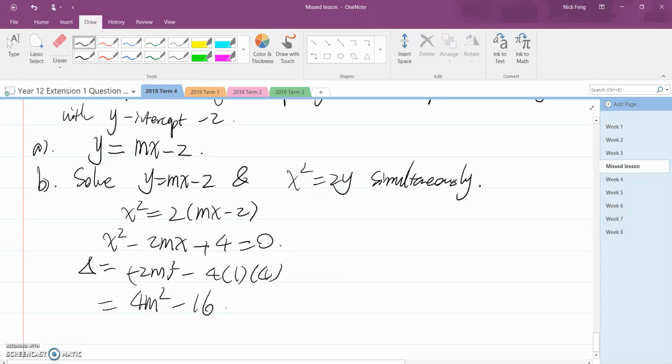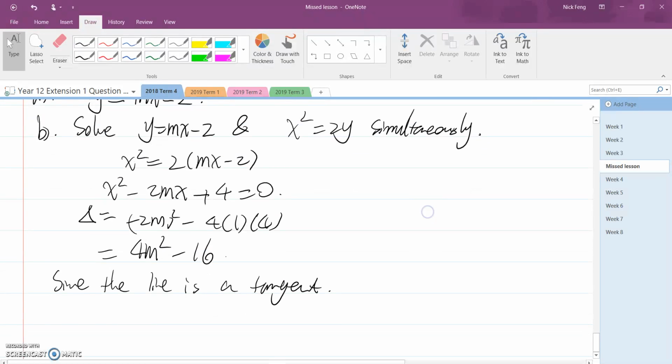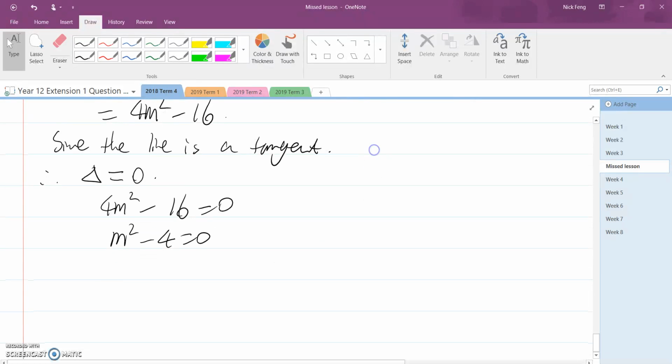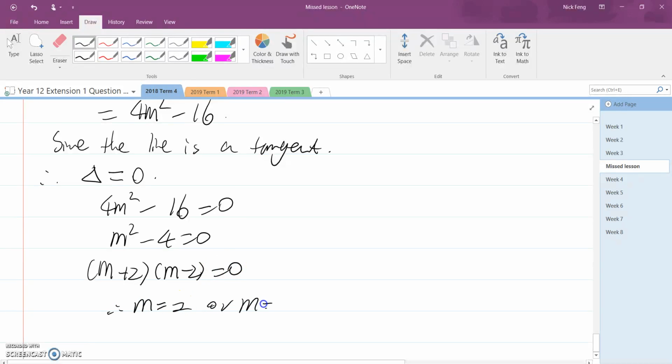Okay, so now since the line is a tangent, therefore the discriminant equals 0. That is 4m squared minus 16 equals 0. Take out the common factor to cancel. m squared minus 4 equals 0. So m plus 2 and m minus 2 equals 0. Therefore, m equals 2 or m equals -2.